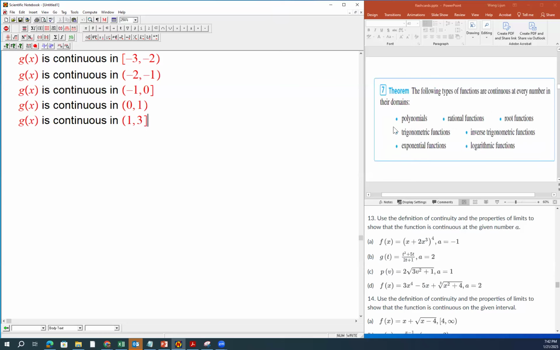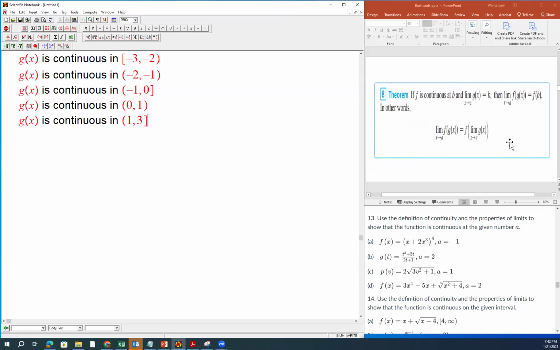And theorem number 7 says the following types of functions are continuous at every number in their domain: polynomial, rational, root functions, meaning root 2, root 3, any roots, trig functions, inverse trig functions, exponential and logarithm functions. They are all continuous in their domain.